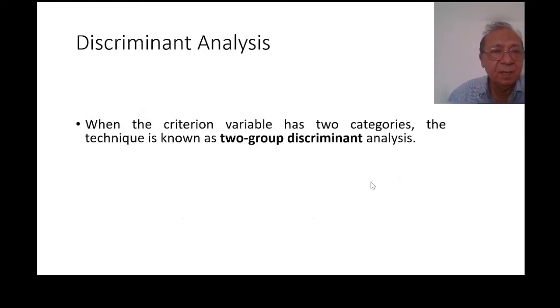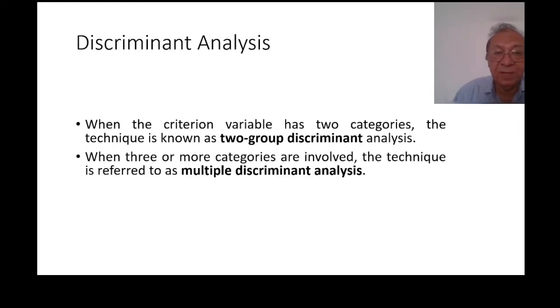When the criterion variable has two categories, the technique is known as two-group discriminant analysis. We will get only one function. When three or more categories are involved, the technique is referred to as multiple discriminant analysis, and we will get more than one function.